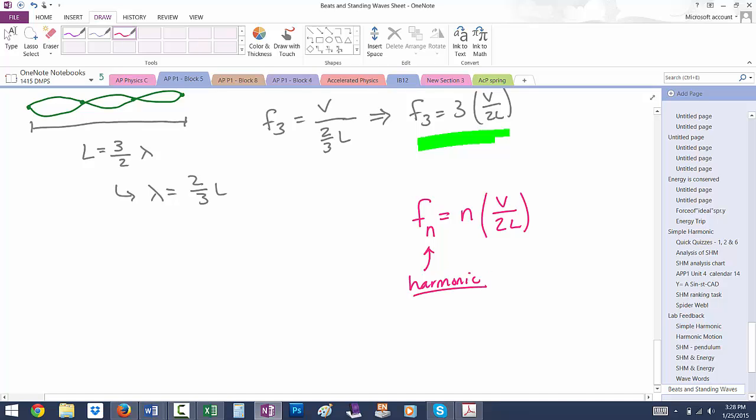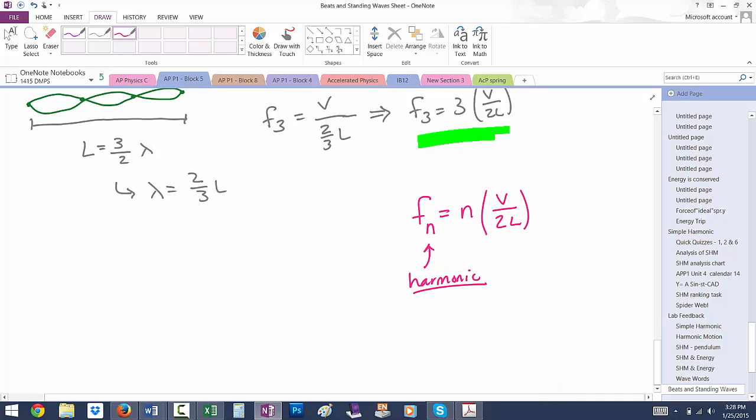and this is the frequency of that harmonic, so how fast the clicker was going on the standing wave lab that you did. V is the velocity of the wave, and that's dependent both on how tight that string was, which is why I told you not to change the tension throughout the lab. It also has to do with the mass of the string.